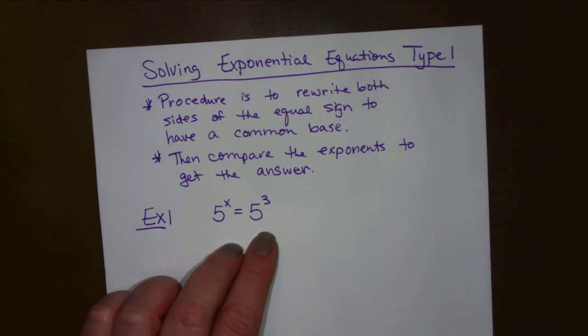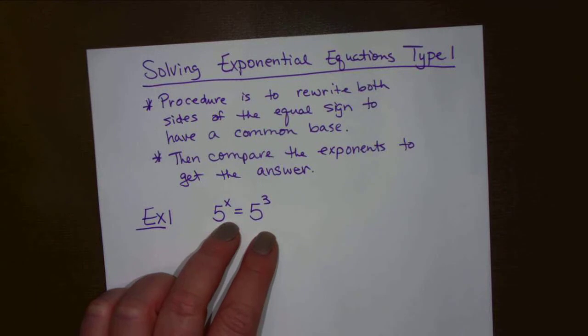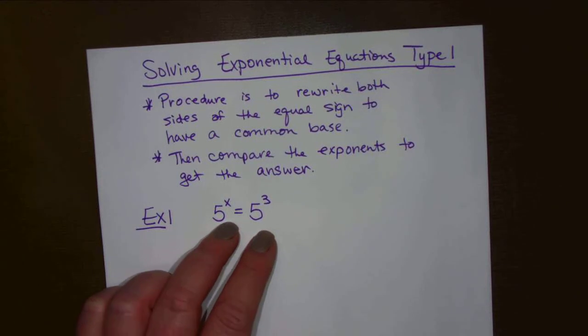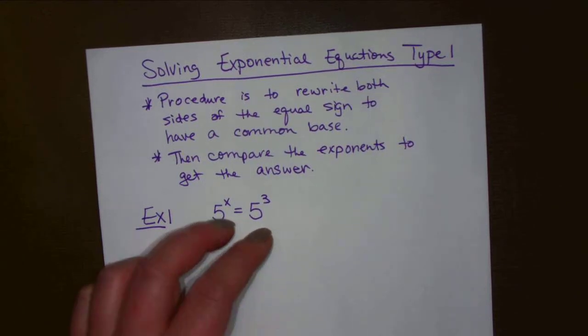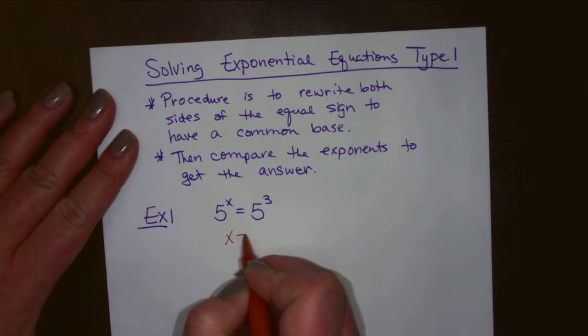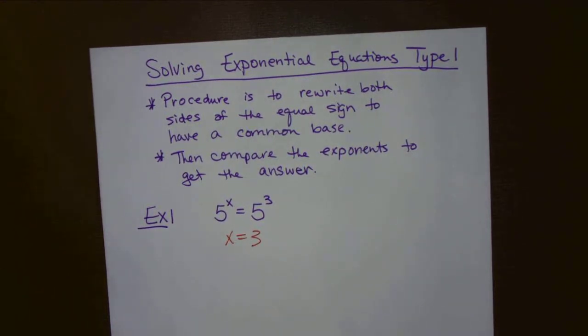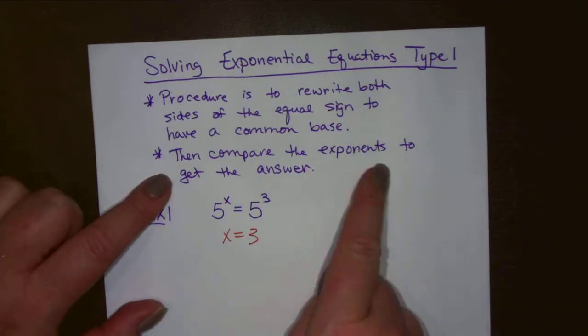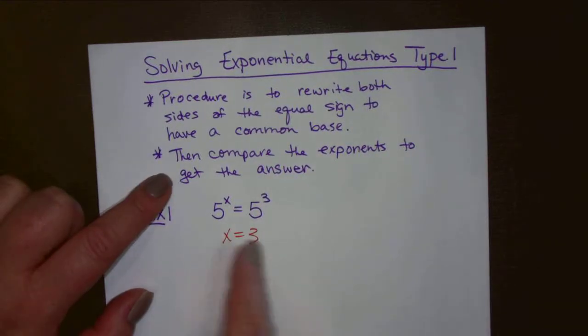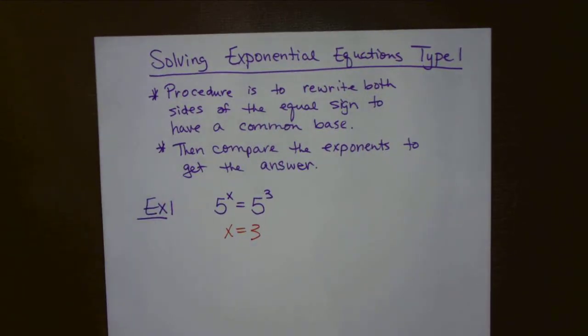What would it be? 3. x has to be 3 for the two sides to be equal. Do you agree? So the answer to this equation is just x equals 3. Don't make things more complicated than they need to be. This is just step 2: compare the exponents. If the base is the same on both sides, you just compare the exponents and say what it has to be.